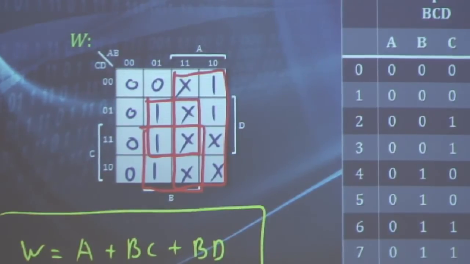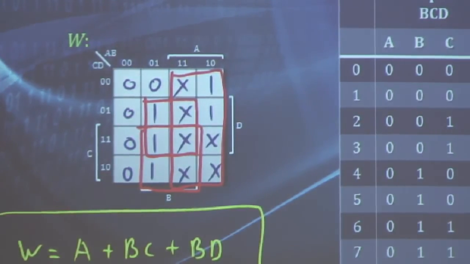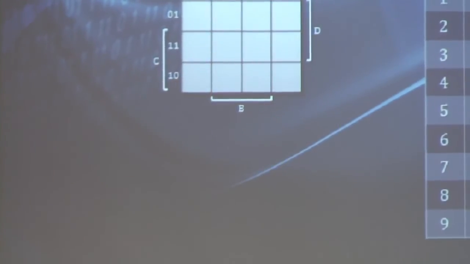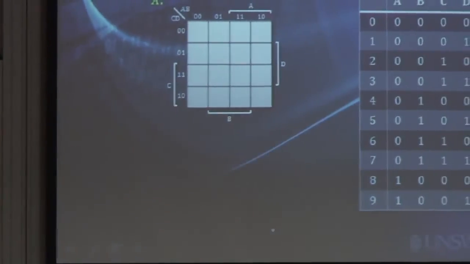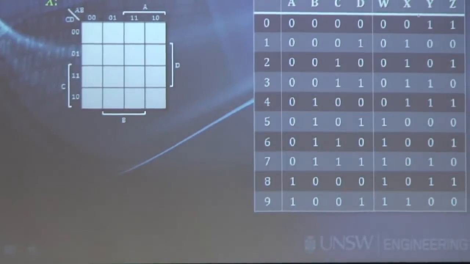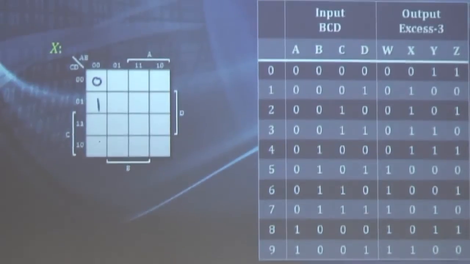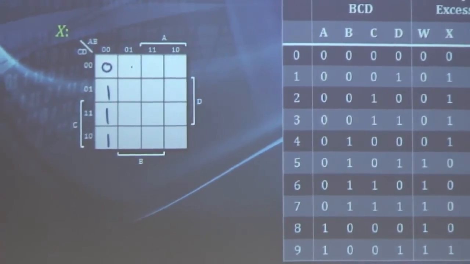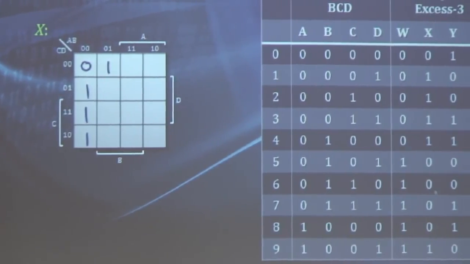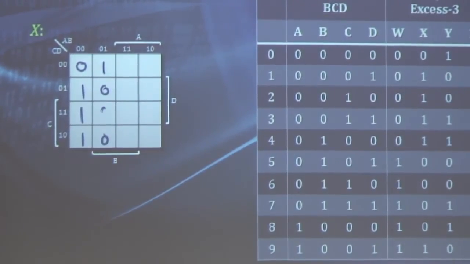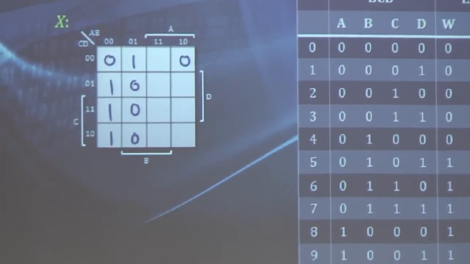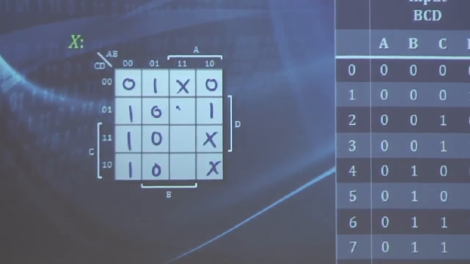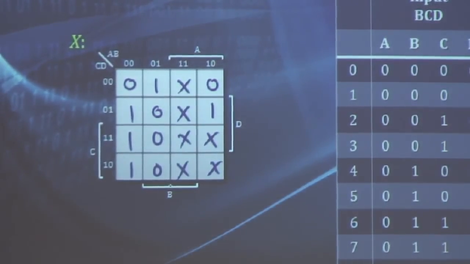So we came up with an expression for one of the outputs. Now, same story for X. I'll read it as 0, 1, 1, 1, 1, 1, then 0, 0, 0, 0, 1 for place 9, and don't cares for everywhere else.